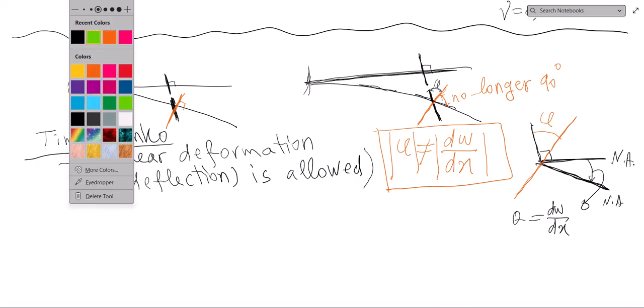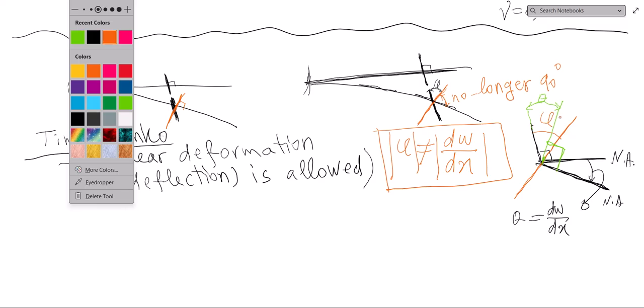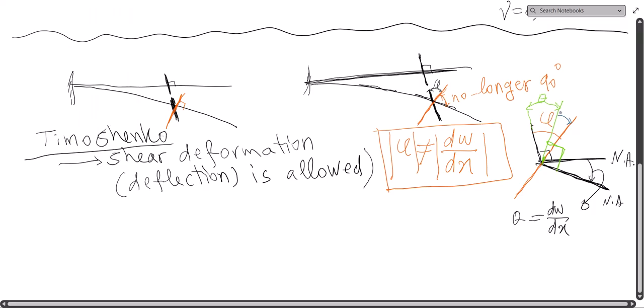Let's call this angle theta. Basically, this is perpendicular to the deflected neutral axis. But I get something extra. Maybe I get a blue color here. I get something extra, and that extra is due to shear, gamma.